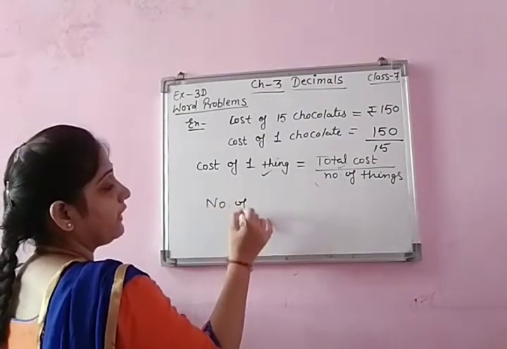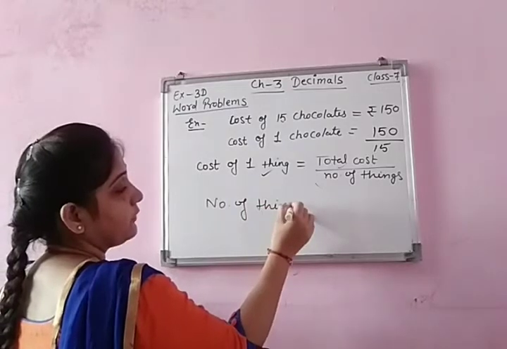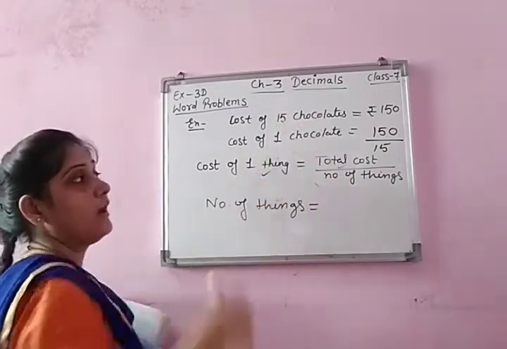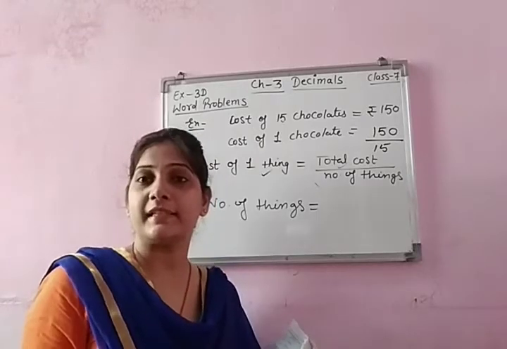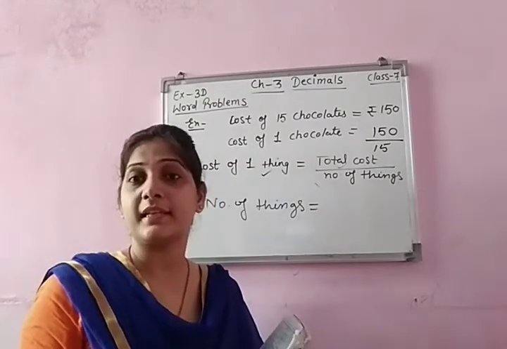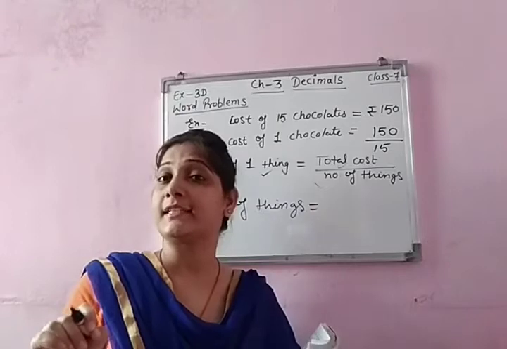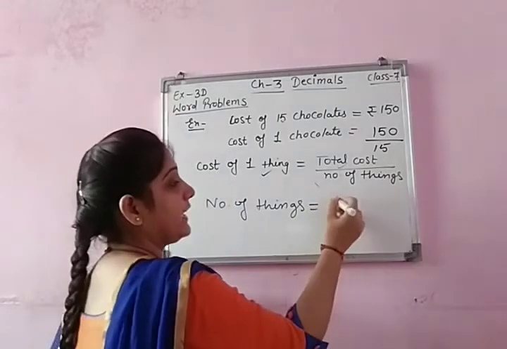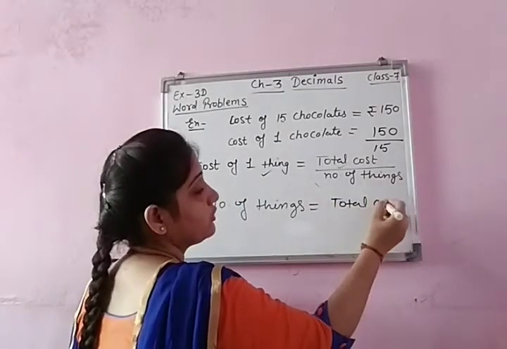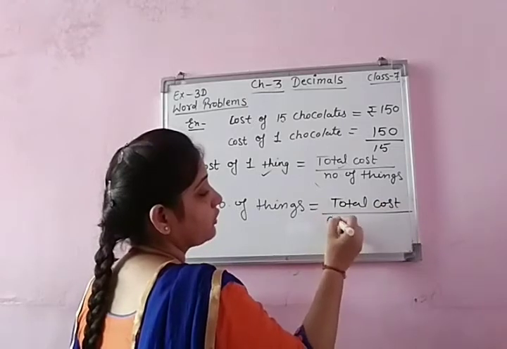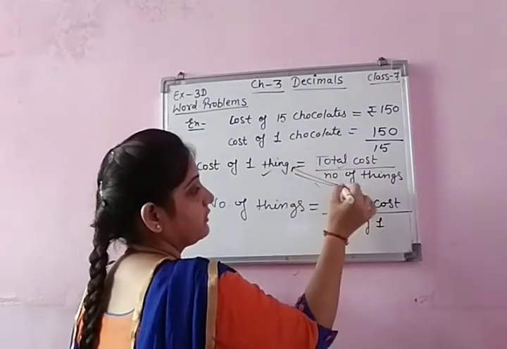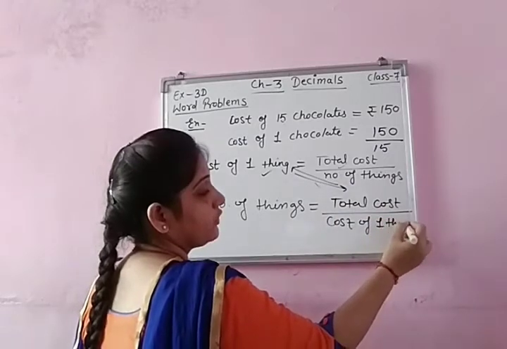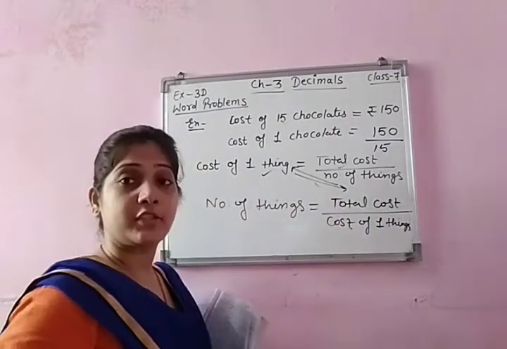Now if you want to find the number of things, suppose the question asks how many chocolates you can purchase in 150 rupees if the cost of one chocolate is 15. So for that, we should know the total cost and the cost of one thing. It will be interchanged, right?